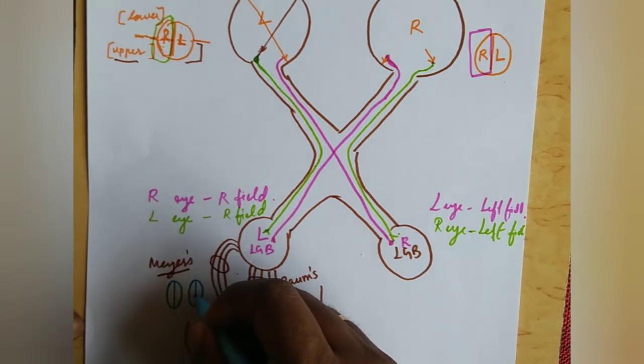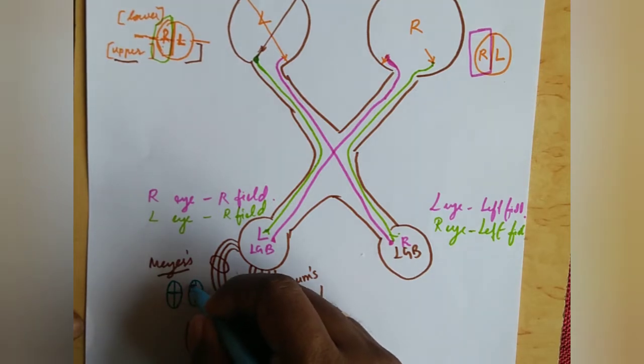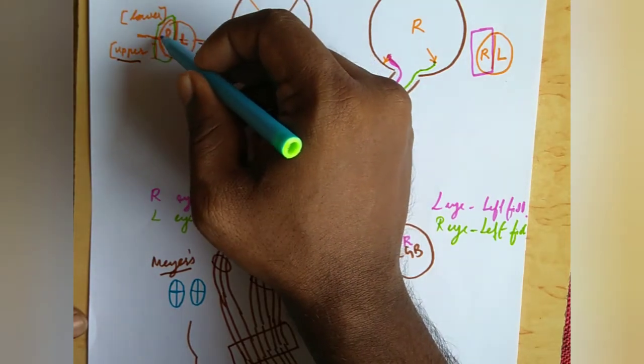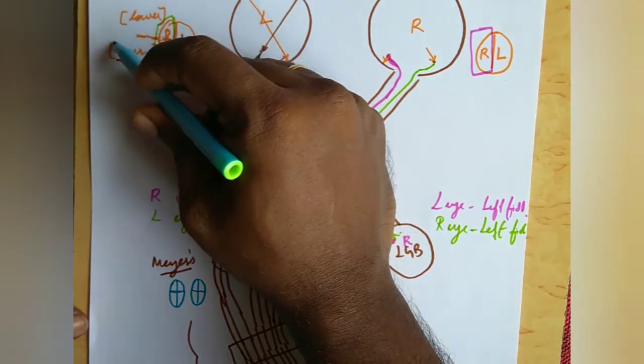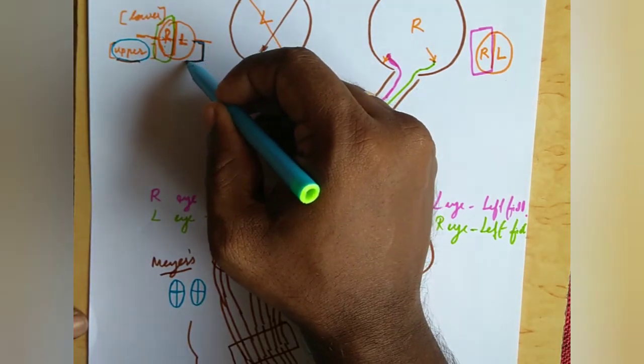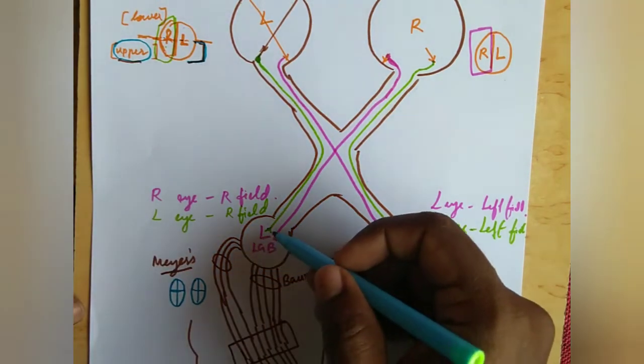So each side has halves, the upper half and the lower half. As we know, Meyer's loop is going to have the field which is coming from the upper visual field, because it is carrying the fibers which are coming from the lower part of the retina.